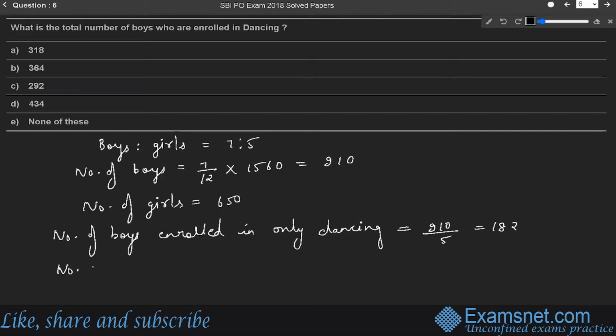Again, number of girls in only painting will be equal to, see, we have calculated the number of boys enrolled in only dancing, which is 182. And now we have to calculate number of girls in only painting, which will be equal to 650 upon 5. So it will be equal to 130.